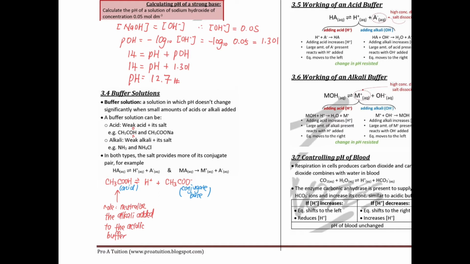Base means proton acceptor. If I say it is a base, it's a proton acceptor, so something logical should come out. This is a base because this one can easily accept H plus to form the ethanoic acid molecule. So it can act as a base because it can accept H plus. It's a proton acceptor, so that's why this is a base.